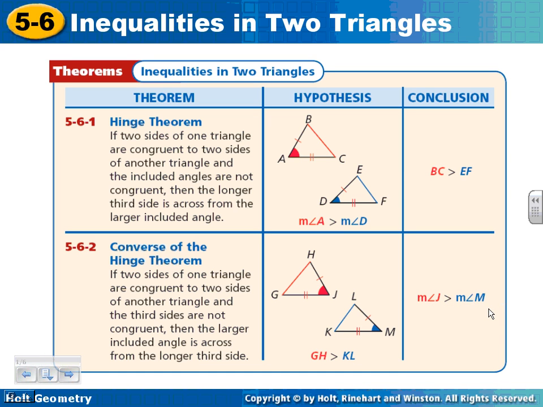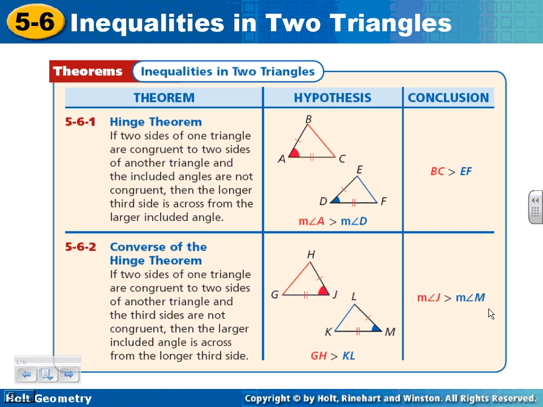Okay, hello, we are ready now for notes on 5-6 titled Inequalities in Two Triangles. This is very similar to the previous section where we talked about one triangle, now two triangles, but it's not that much more difficult.